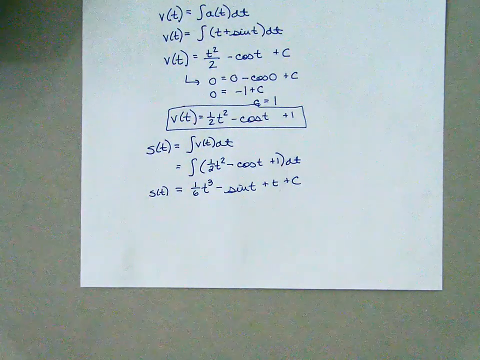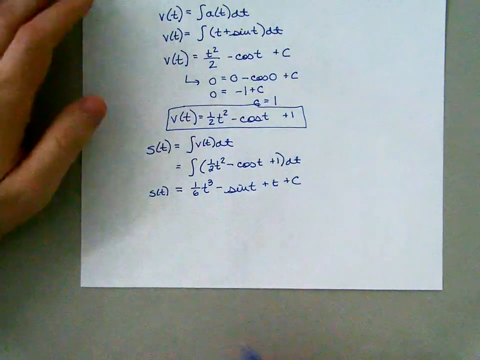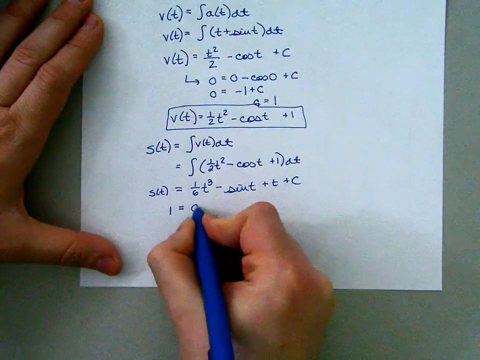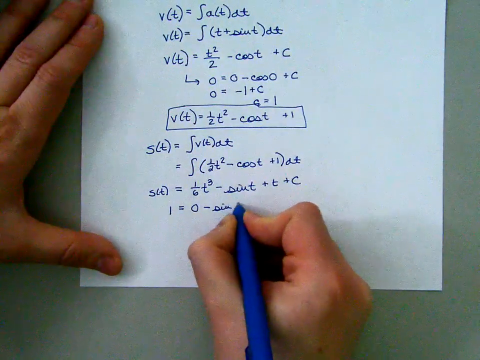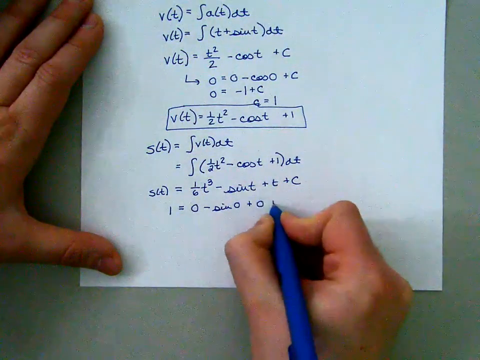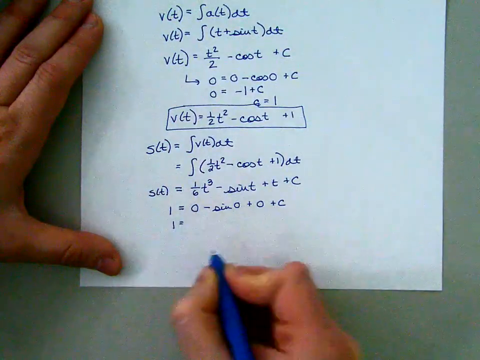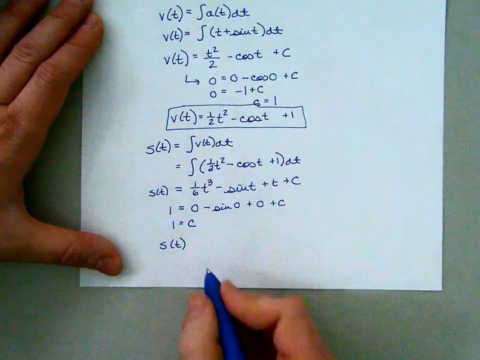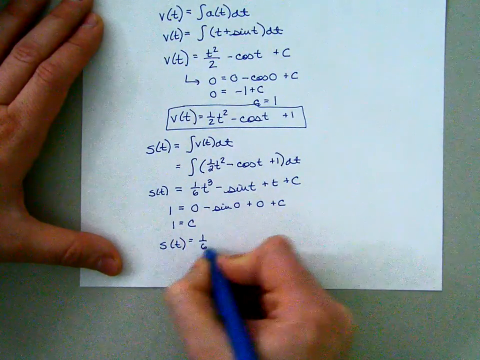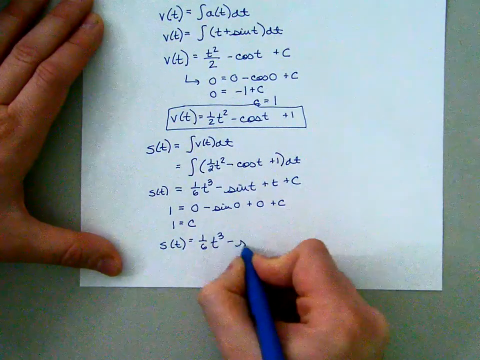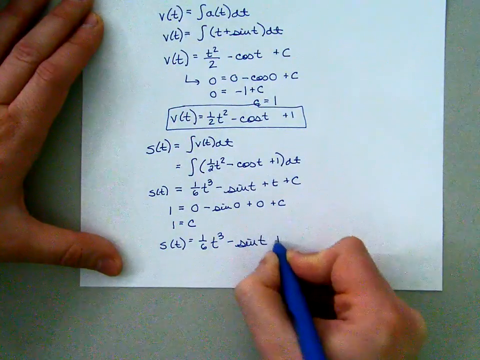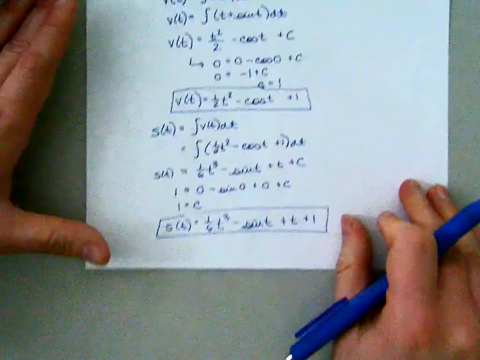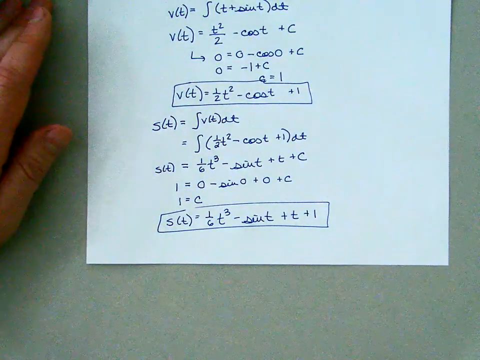Just leave it as an exact answer with pi's in it. I got a c value of 1.